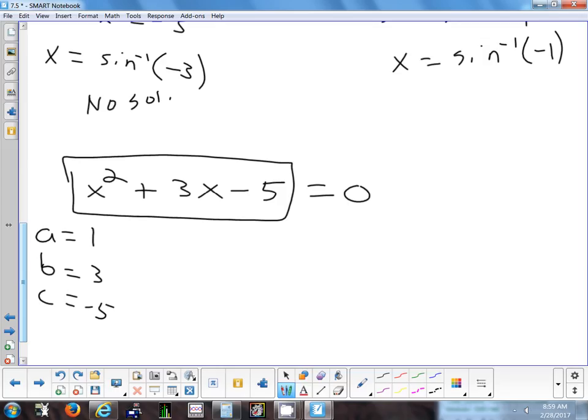Sure, it's in the middle. It's right here. That's what you're solving for, whatever is right there. Okay, so you're solving for this. You're not solving for x squared. You're not solving for 5. That doesn't even make sense. You're solving for whatever is right here.